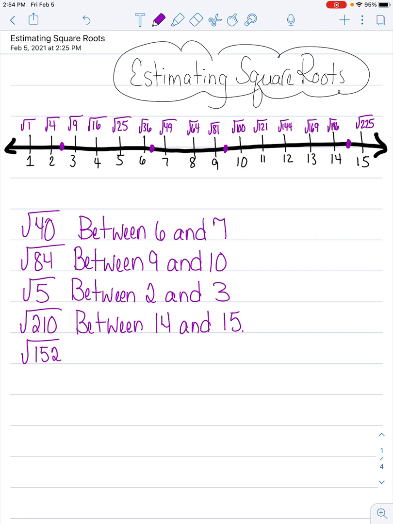Pause the video, see if you get it, and then unpause the video and see what you came up with. So I would say, looking at the top, the square root of 152 is somewhere between the square root of 144 and the square root of 169. So the value is going to be somewhere between 12 and 13.